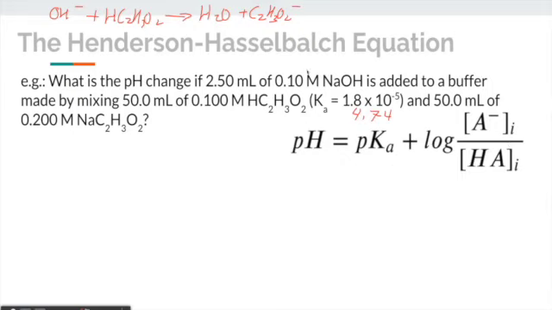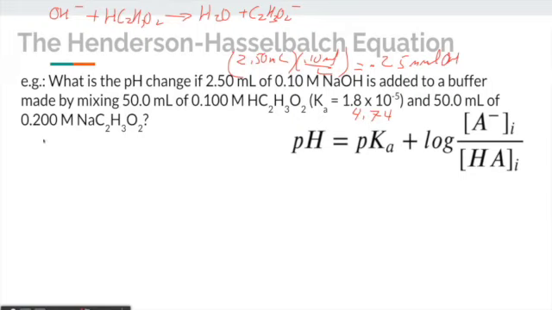So what do we have here for hydroxide? We have 2.50 milliliters, and the concentration is 0.10 moles per liter. That gives us 0.25 millimoles of hydroxide.